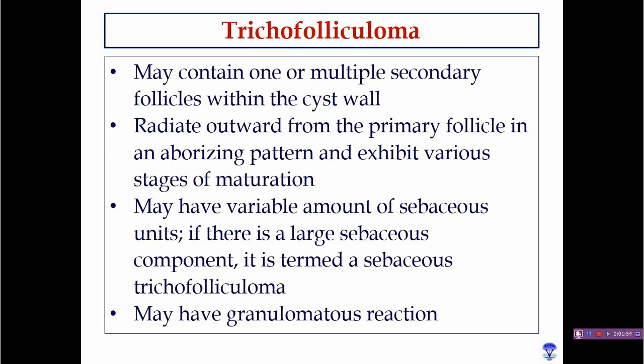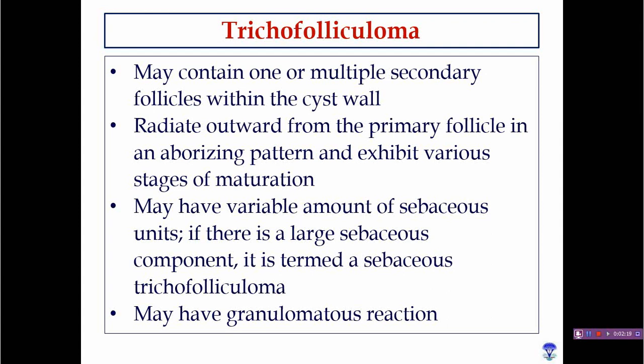In particular, the cyst wall contains one or multiple secondary follicles, and you will also find these hair follicles radiating outward from the primary follicle in an arborizing pattern and exhibiting various stages of maturation. The amount of sebaceous gland in this neoplasm is quite variable.